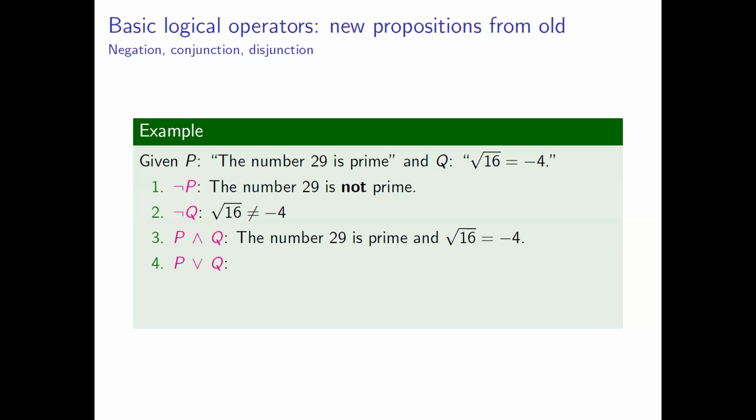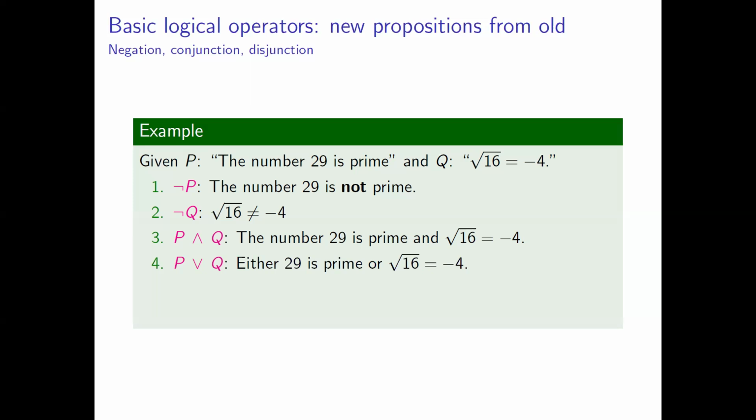P or Q is the statement the number 29 is prime or the principal square root of 16 is equal to -4. For clarity, the English word either is used before the first word in the disjunction. Thus, we write either the number 29 is prime or the principal square root of 16 is equal to -4.